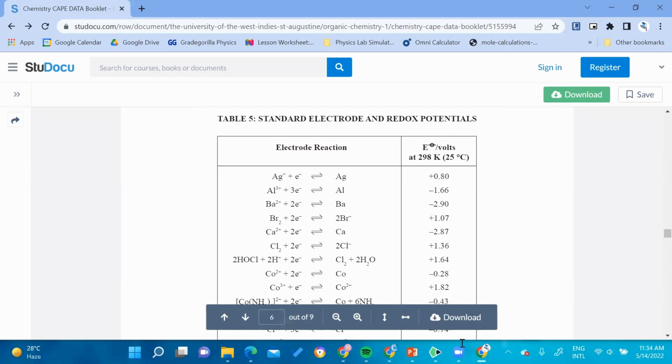It's minus 1.66 volts. So you see Al3+ plus 3 electrons gives you Al solid. This is written in terms of reduction. However, at your anode, oxidation occurs. So if you are using the algebraic sum method, you wouldn't use that. You just use minus 0.76, and that was what we got for zinc.